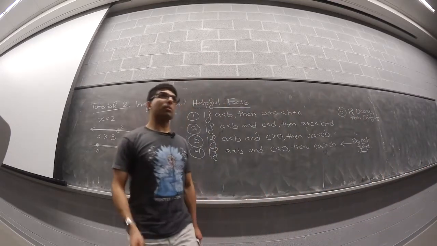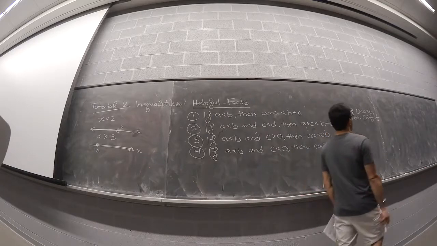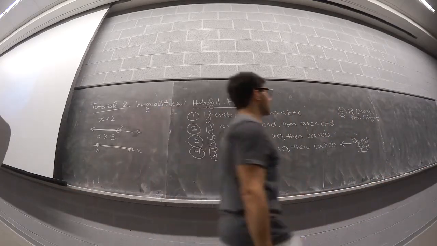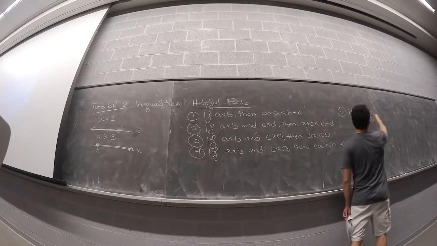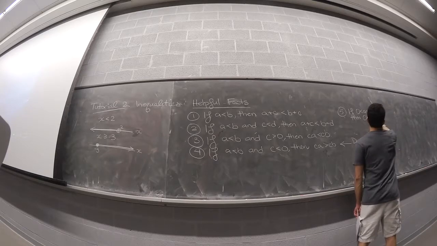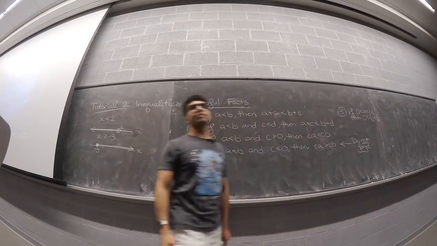Okay? If A is less than B and they're both positive, then the reciprocals have the opposite order, but they're still positive. Okay? For instance, 2 is less than 5, but a fifth is less than a half.